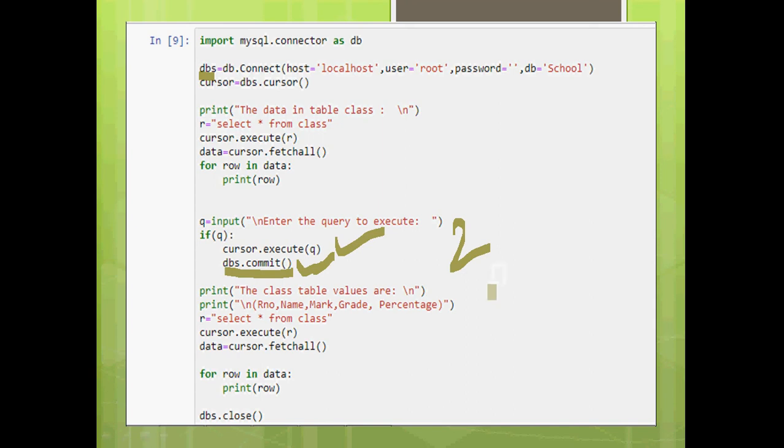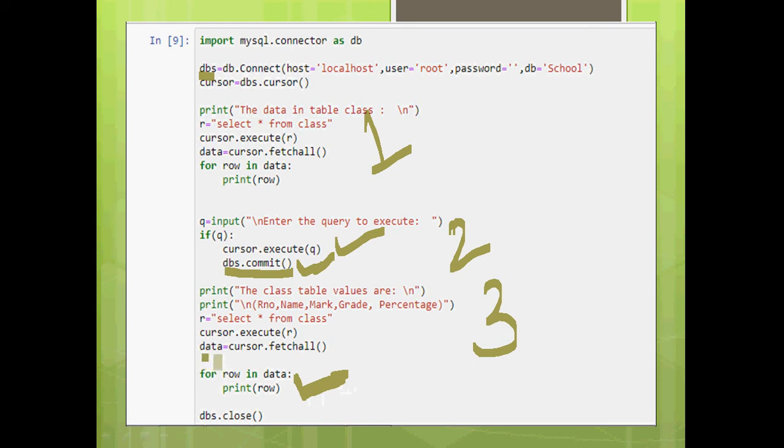Now the third one displays the database data after executing two. So the third part is just again the first one, taking the value select star from class, executing the query and fetchall, and here displaying the data row by row. It takes each value from data.